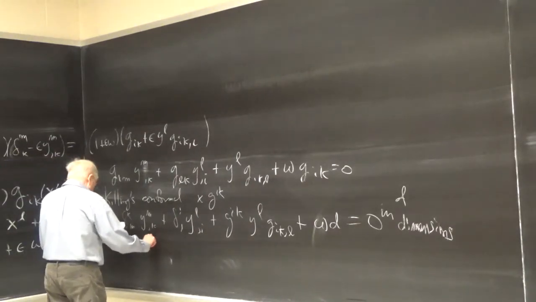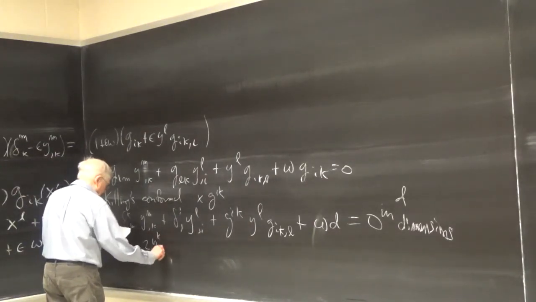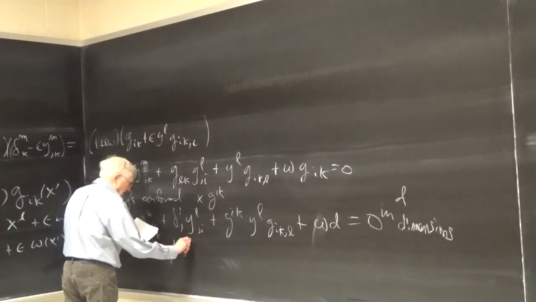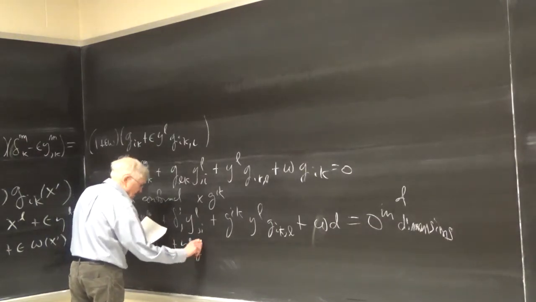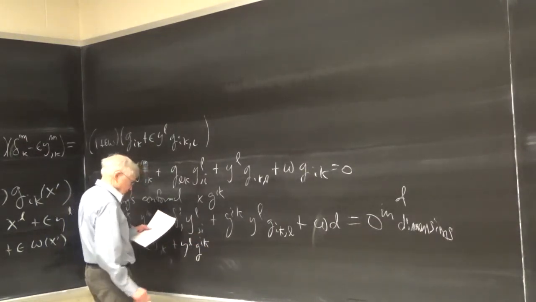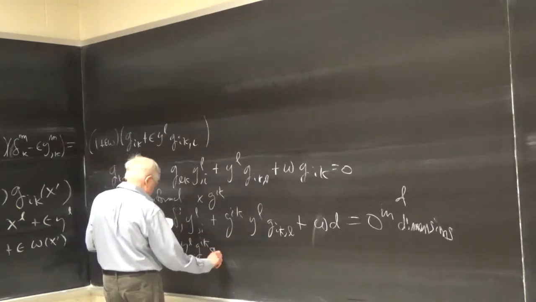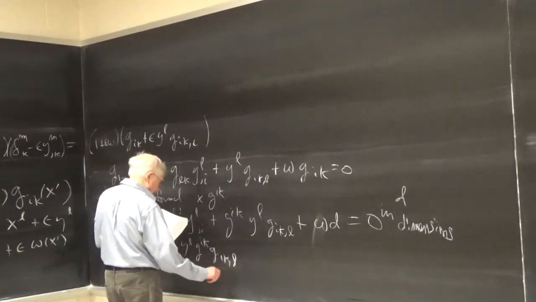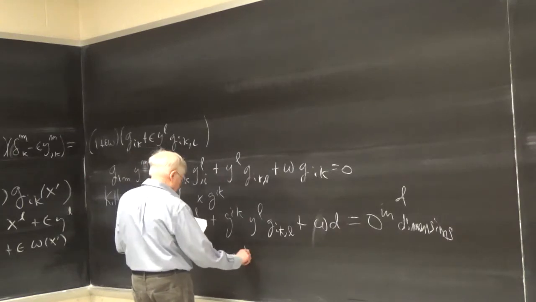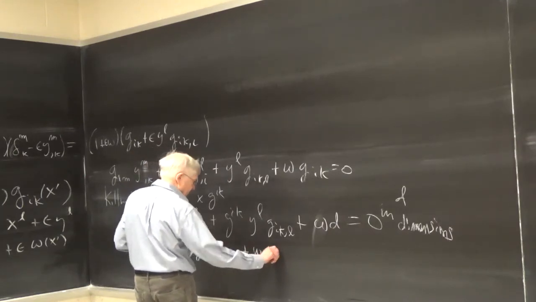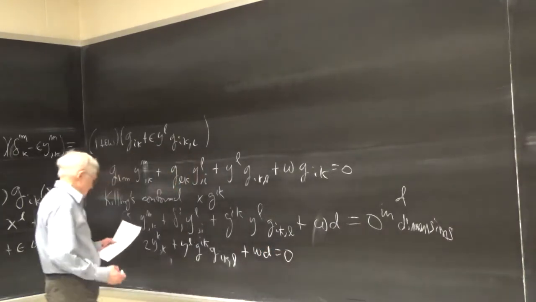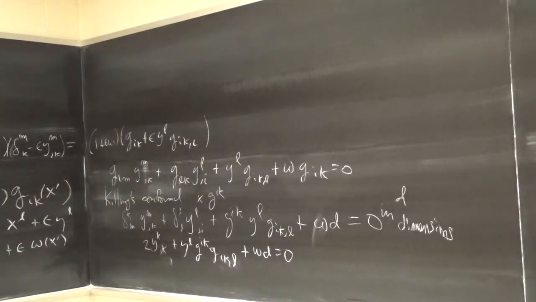It's 2 y^k_{,k} plus y^l g^ik g_ik,l plus omega d equals 0. So that's what we get.